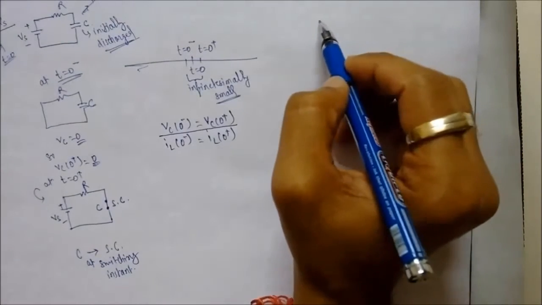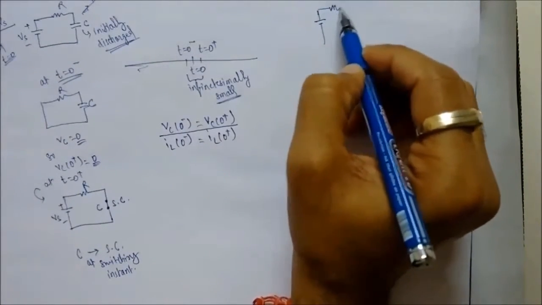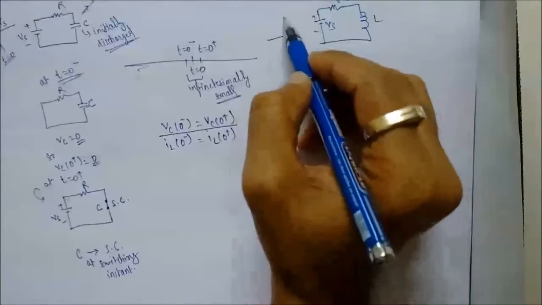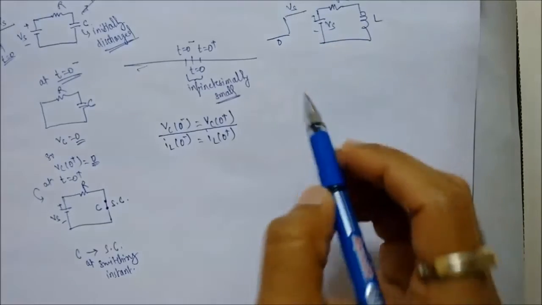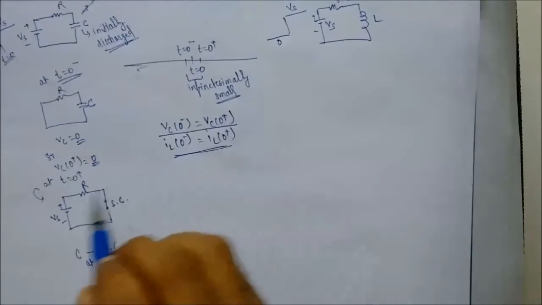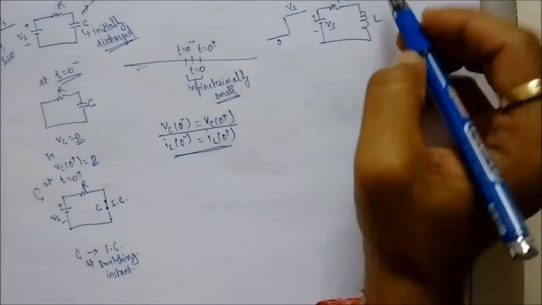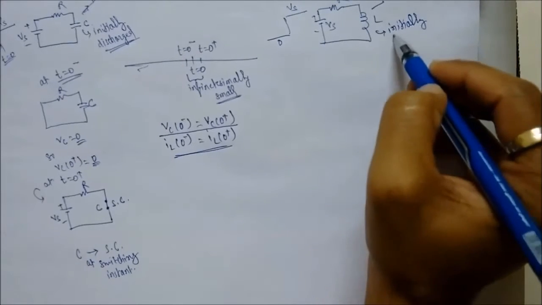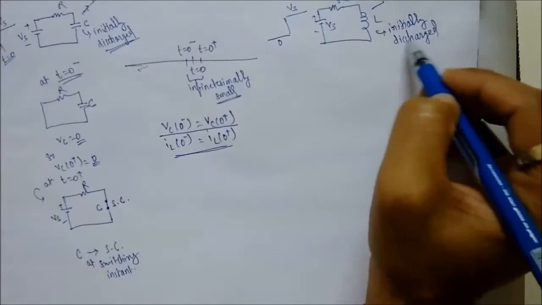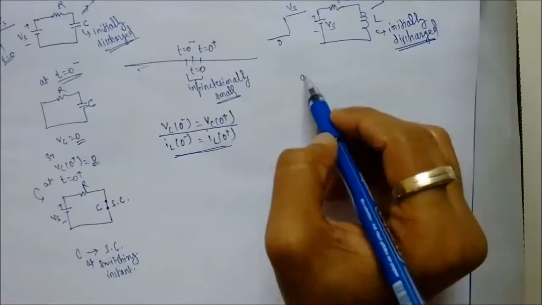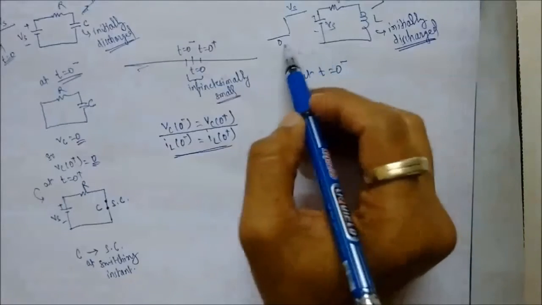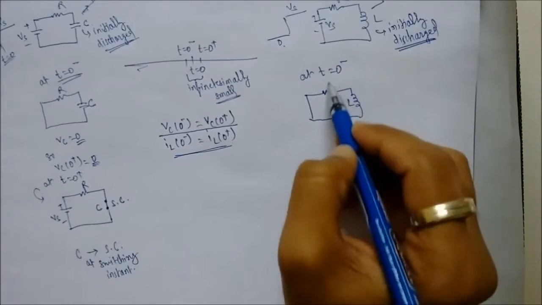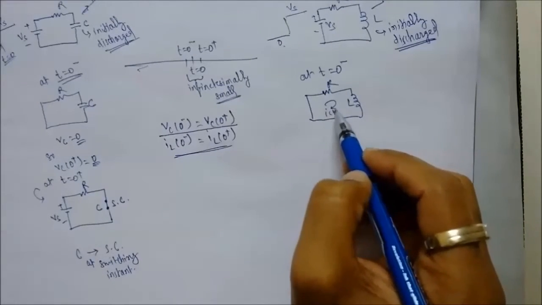Now consider the case of the RL circuit. As we have seen, IL 0 plus will be equal to IL 0 minus. Now consider that initially the inductor is discharged. So at t equal to 0 minus, the Vs value is 0, so the current through the circuit will be 0.